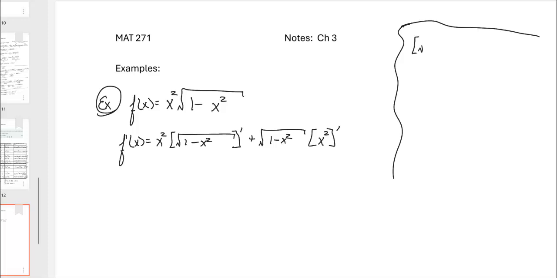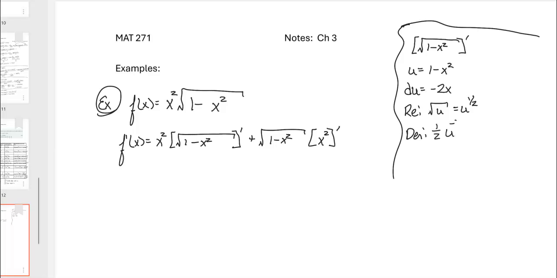So I need to take the derivative of the square root of 1 minus x squared. So let's go through our 5-step process. We're going to pick u. That's going to be that inside function. The derivative of the inside is minus 2x. When we rewrite this, this is the square root of u, or u to the 1/2. And then when we take the derivative, we're going to use our power rule.